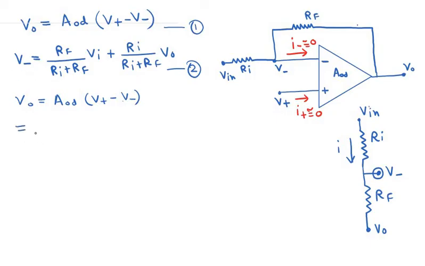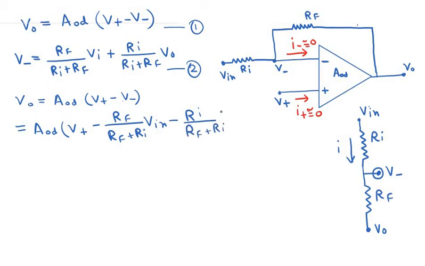So we replace the value of V minus here: V plus minus Rf divided by Rf plus Ri V in minus Ri divided by Rf plus Ri V0.